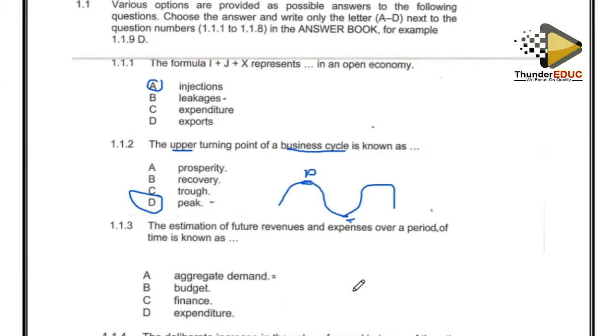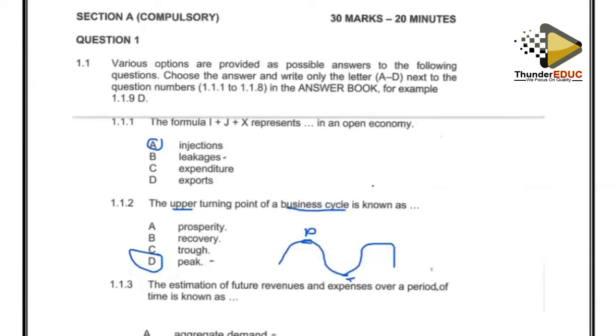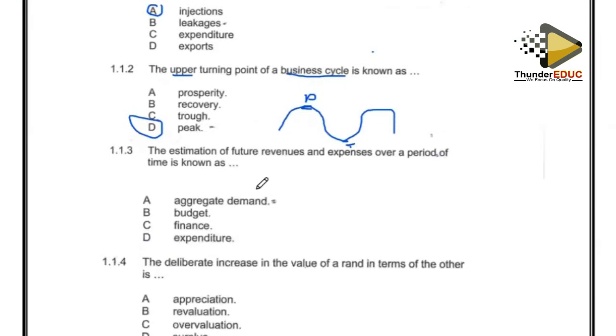The next question we have is 1.1.3. So 1.1.3 reads as follows. The estimation of future revenues and expenses over a period of time is known as dash. So here we are estimating. And remember, you learned about estimation when we were dealing with the business cycles.